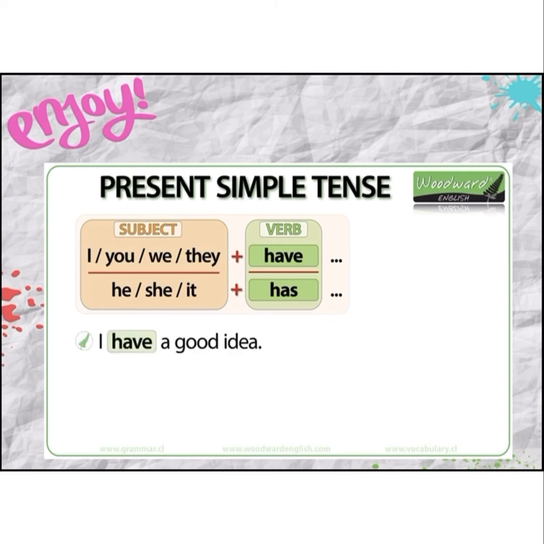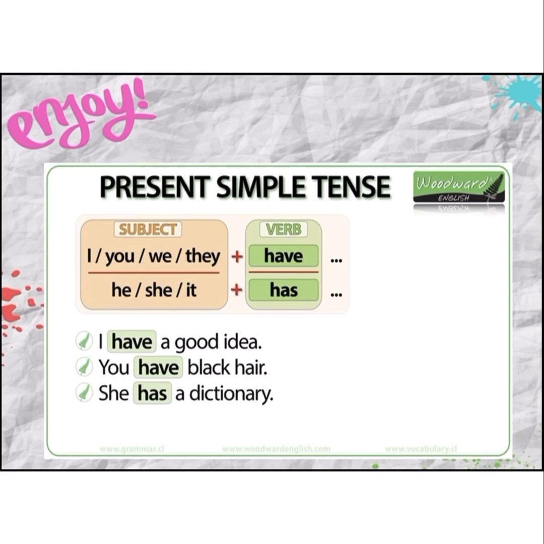Look at these examples. I have a good idea. You have black hair. She has a dictionary. John has blue eyes. We will learn more about these types of third-person changes in another lesson.